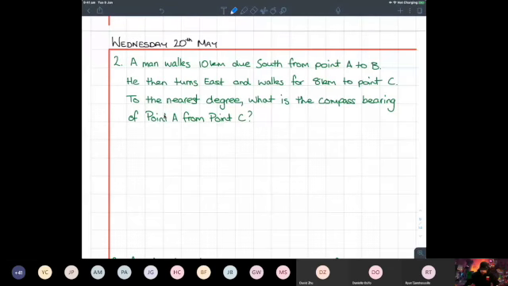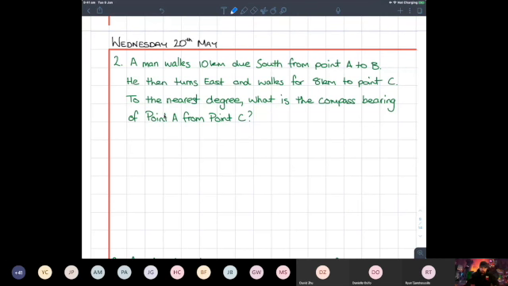So in example 2 here, you have a man walks 10 kilometers due south from point A to point B. All right, there's a lot of words, worded question here, so we're going to take our time to go through it. After he walks south, he then turns east and walks for 8 kilometers to point C. Right, so those first two sentences have described some movement patterns for us.